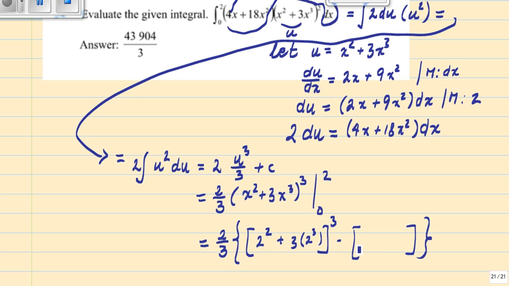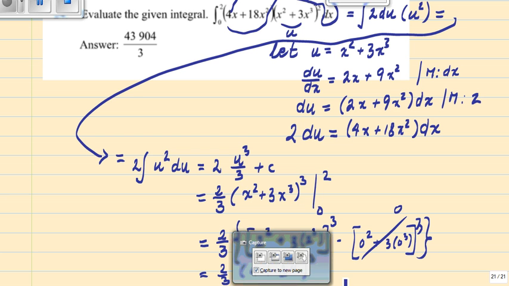And then the second one is 0 squared plus 3 times 0 cubed, that's 0. So this gives us 2/3 bracket 2, 4 plus 2 times 2 is 4, 8 plus 24, and everything to the power of 3.